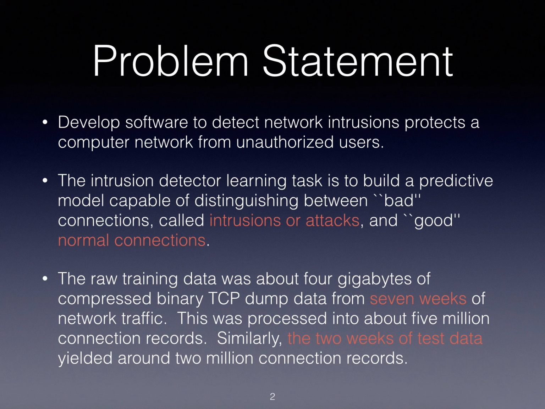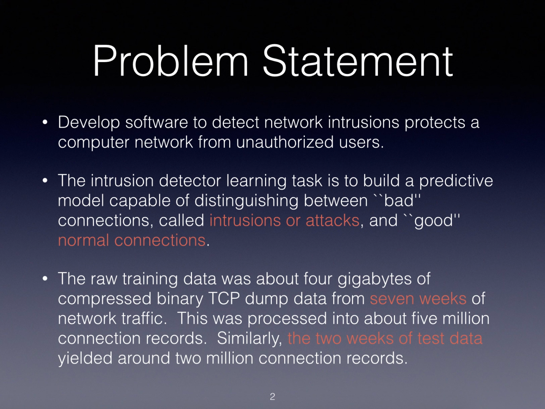The raw training data is about 4 gigabytes of compressed data from 7 weeks of network traffic, about 5 million connection records, and the test data is 2 weeks that yield about 2 million connection records.